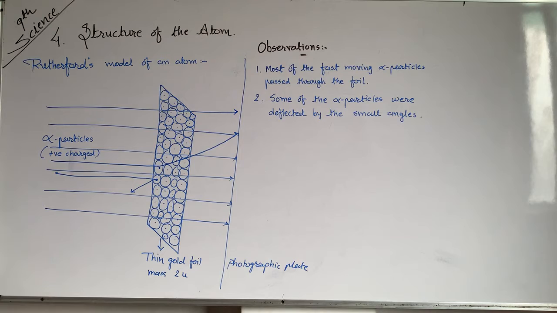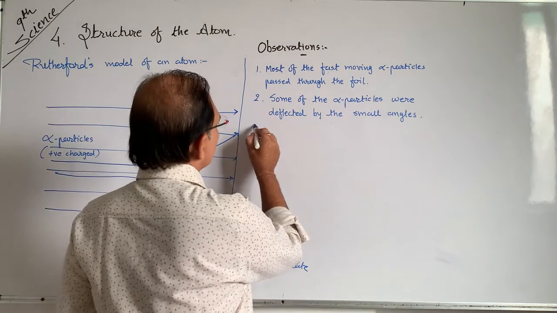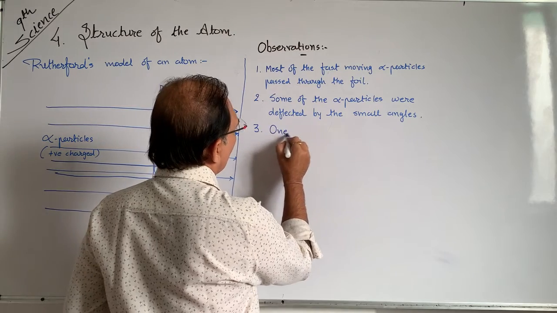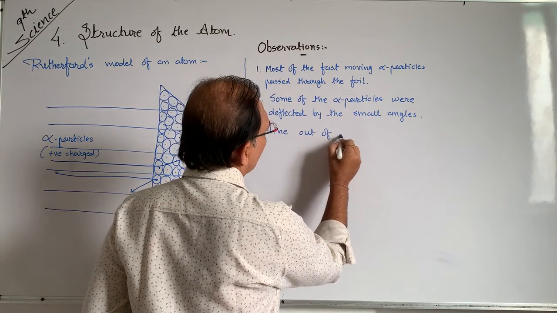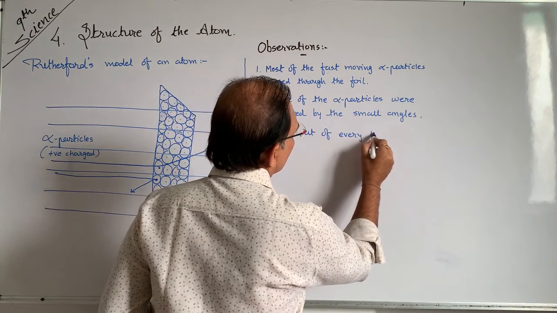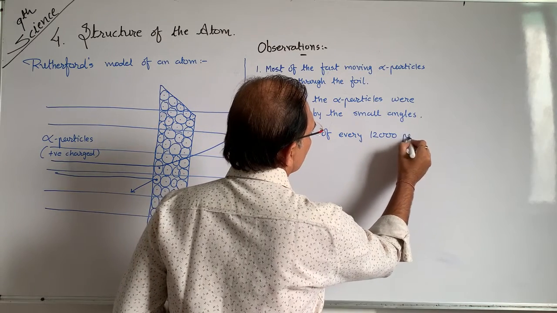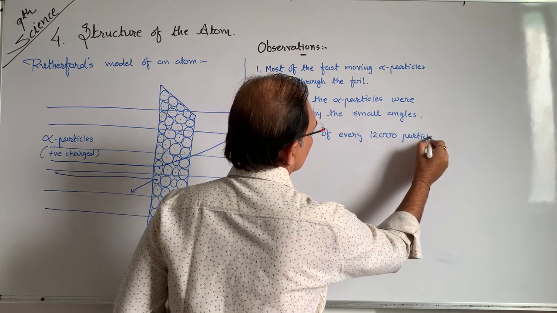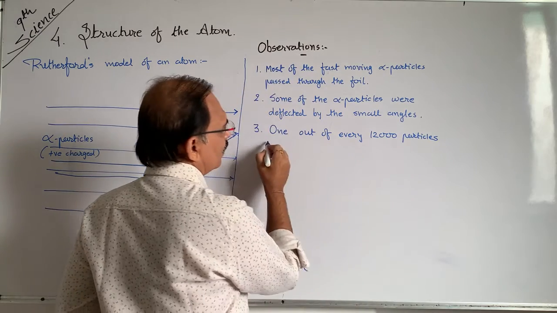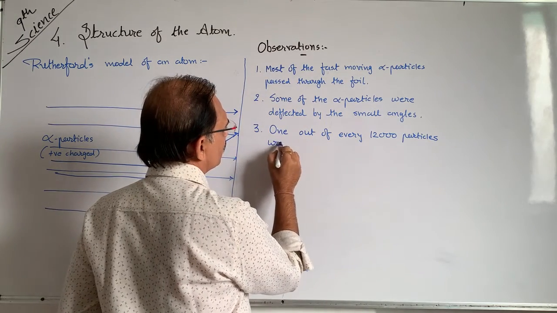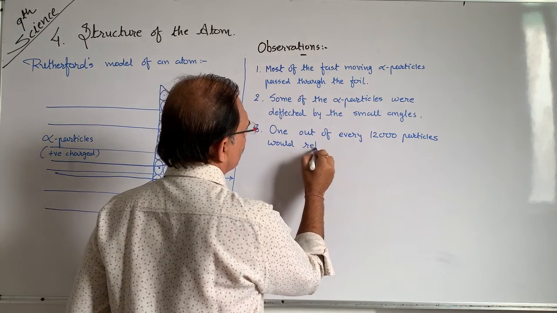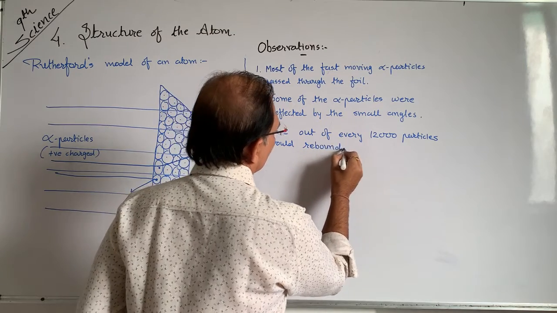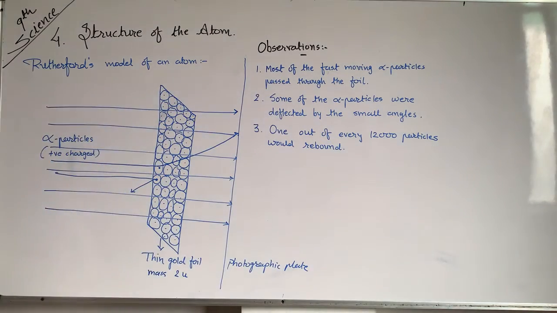And one out of every 12,000 particles would rebound. So this is the observation: appear to be rebound.